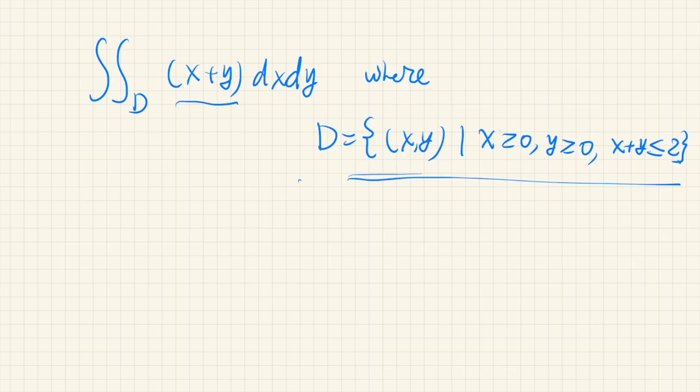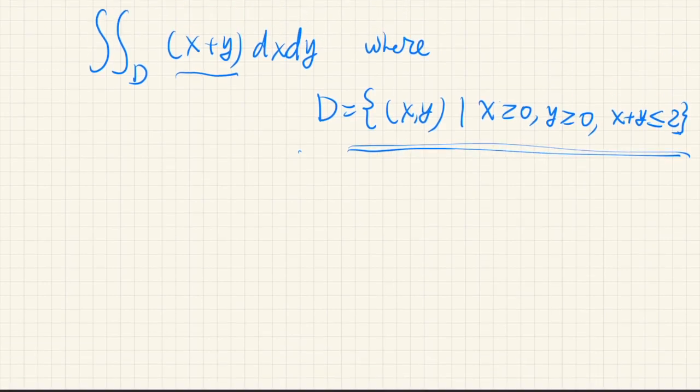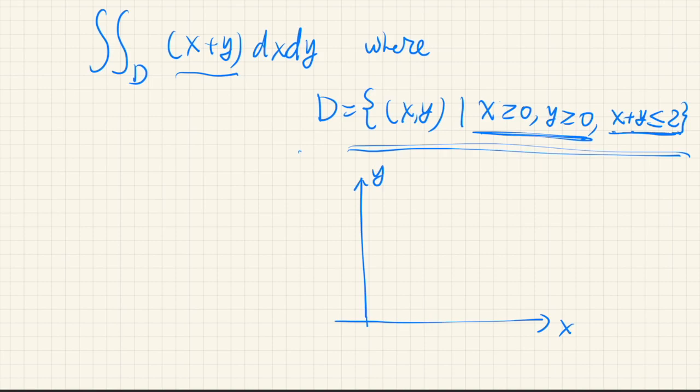So what is this region? Let's visualize this. Here's x, here's y. Both x and y are non-negative, so we only consider the first quadrant. And x plus y less than or equal to 2. So let's draw the line x plus y equal to 2. It's something like this.